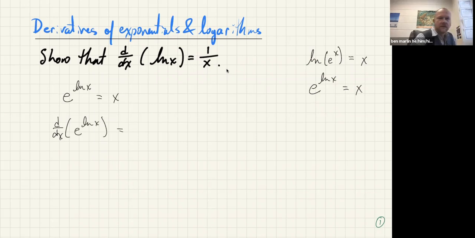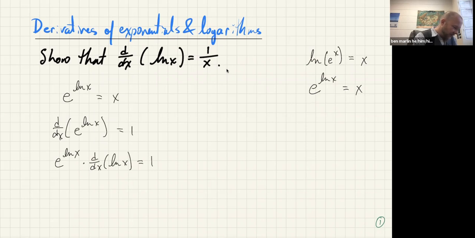we know what the derivative of plain old x is, and that just gives us 1. But with the left-hand side, we have to remember that the derivative of an exponential is just that thing, but that the chain rule says we have to take the derivative of the thing that was in the exponent.